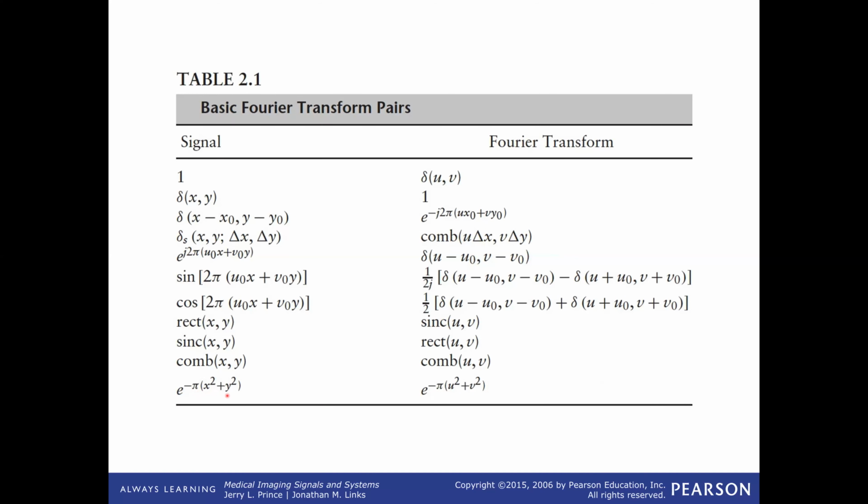That blob, when you take the Fourier transform, you get a blob in Fourier space centered on the origin. And we'll see that if, instead of x and y, we have, say, ax and by, the width over here is proportional to 1 over a and 1 over b.